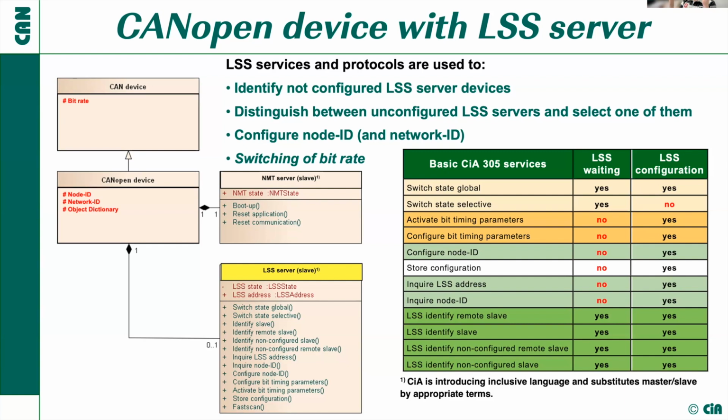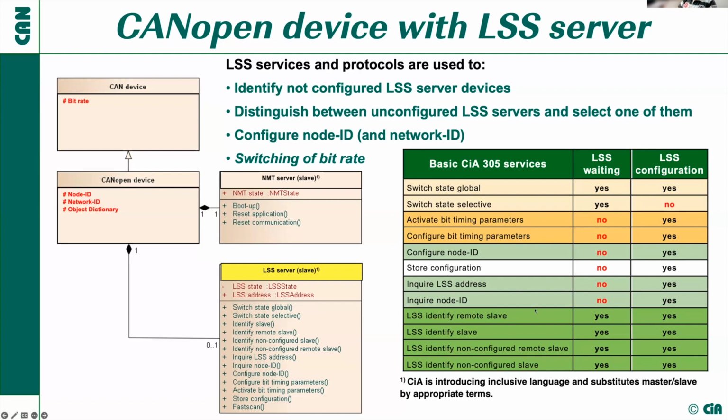For firmware updates and others in the field, I wouldn't necessarily recommend this, because there's a certain probability that some devices do not get the right switching command, and then you have at the end of the day a system that is not working because some parts are working on a different bitrate than the rest. But nevertheless, this is at the moment not the point.